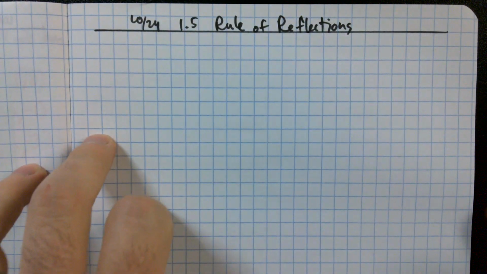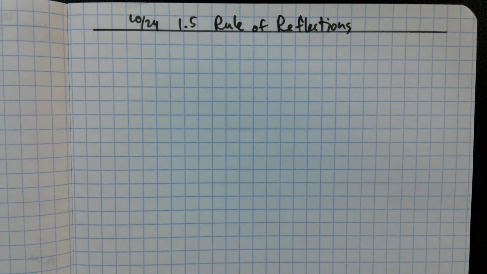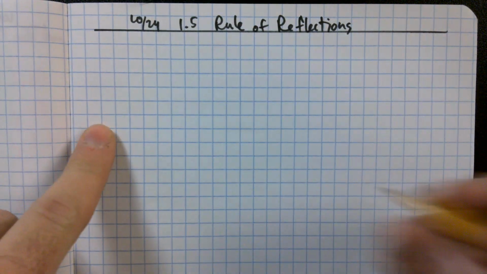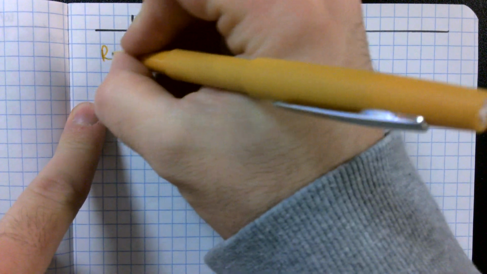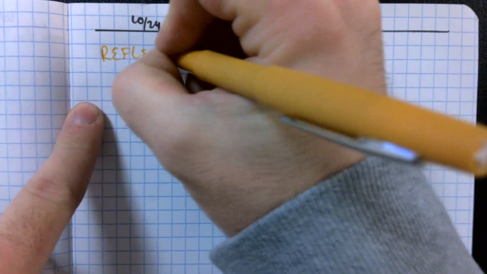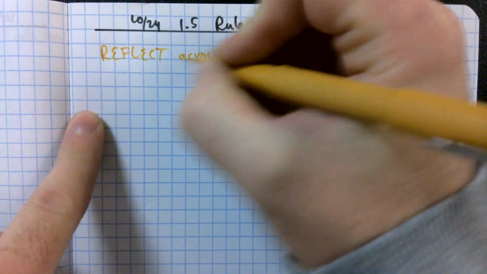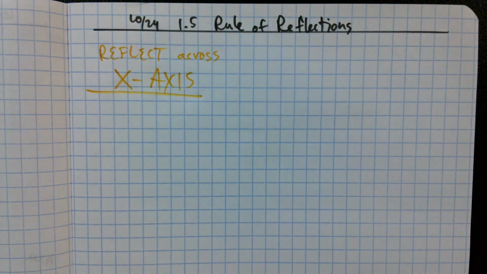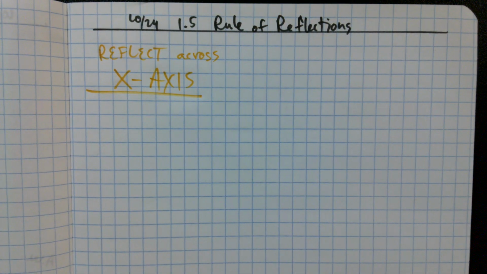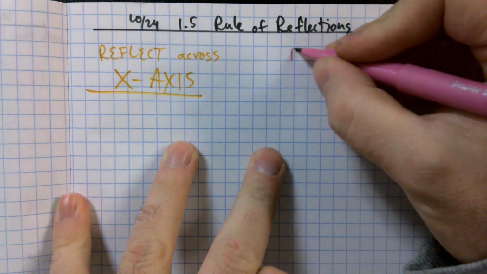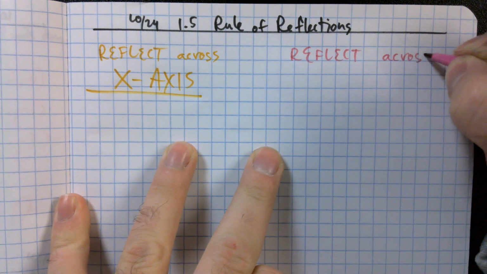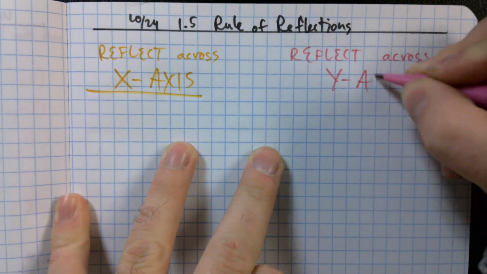So like I said before, with the rule of translations, it could be anything, right? Depending on where we're moving our triangle, we just change the numbers in our rule. Rule of reflections is a lot simpler, okay? There's only two of them. We are either going to reflect across the x-axis or we're going to reflect across the y-axis.